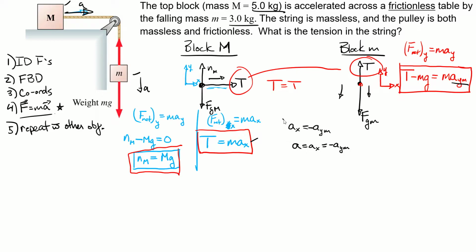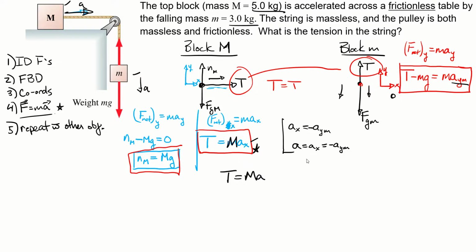This gives us our final equation we need to connect all the ones we've made from Newton's second law applied to the multiple objects. And we're going to take this equation, call it star, and this equation, we'll call it circle, whatever, and we're going to just solve for T and a in that case. So I have T is equal to capital M times a.